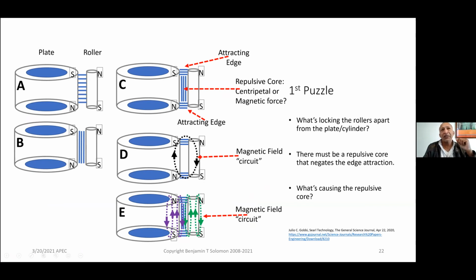When the poles are the same, this is the magnetic field circuit. When they are not reversed, then you have opposite magnetic circuits. One is going this way, and on the roller side it's going the opposite direction. So the question is, what's causing this repulsive force?